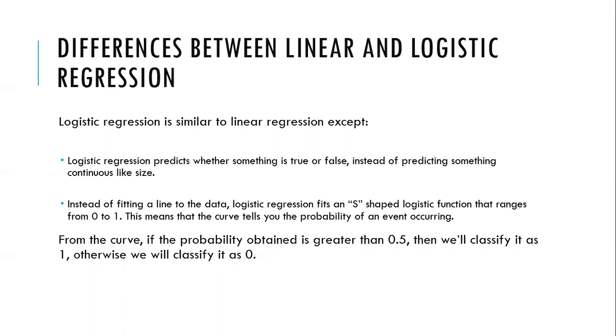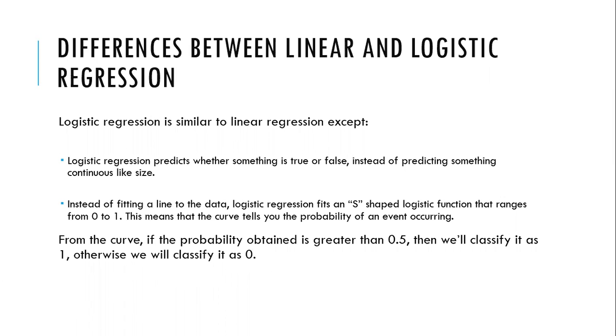So with linear regression, we are trying to predict the size of a variable. But with logistic regression, instead of predicting the size of the variable, we are trying to predict the outcome or the probability of that variable. Again, in linear regression, we have the y and x axes, and we are fitting a straight line through the data points.